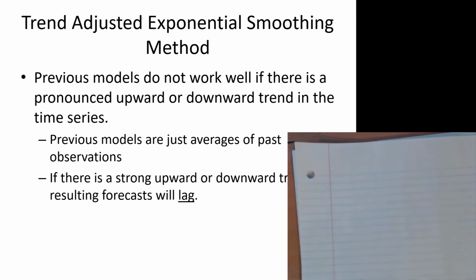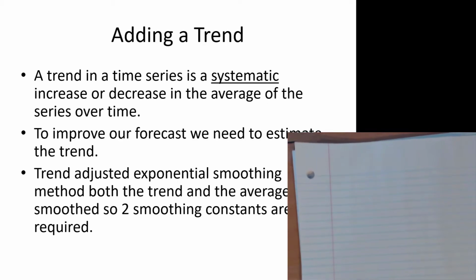Okay? And so we have a way to incorporate that with the trend-adjusted exponential smoothing model, to bring that lag in there so that our errors don't have that. We try to minimize that bias as well. So again, it is sometimes called a double exponential smoothing model. Because we're using an exponential smoothing model both to estimate the series itself as well as to estimate the trend, we will have two smoothing constants.